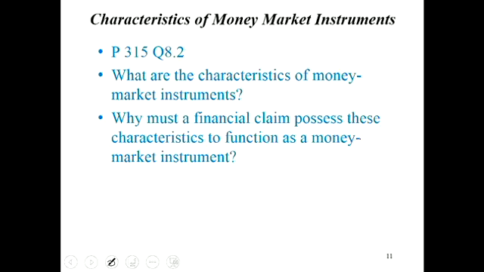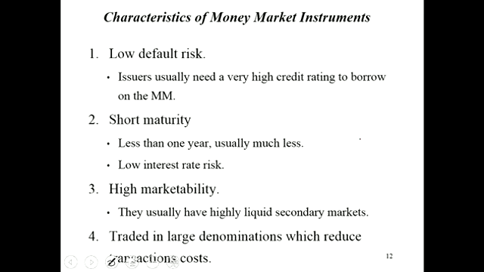Not sure if I missed one here. Oh, we probably missed this last one here, which is the large denominations, and that's to reduce the transaction cost. So when we're thinking about the characteristics of these things: low default risk, short time to maturity, which reduces the price risk, no reinvestment risk because they don't pay coupons, high marketability so you can get in and out as needed, and they trade in large denominations to reduce transaction costs.